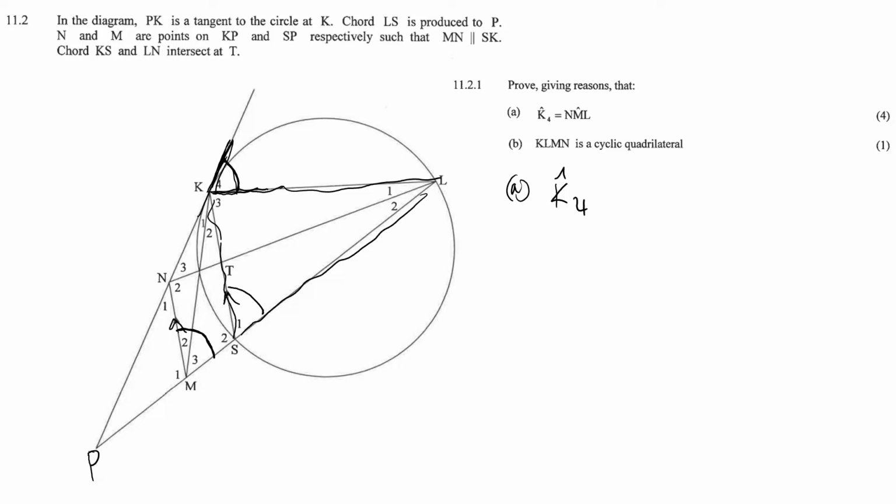Meaning we can say angle K4 is equal to angle S1, by the tan chord theorem. We know that from tan chord, the angle between the tangent and the chord is equal to the angle subtended by the chord on the circumference, and this is our tan chord theorem.